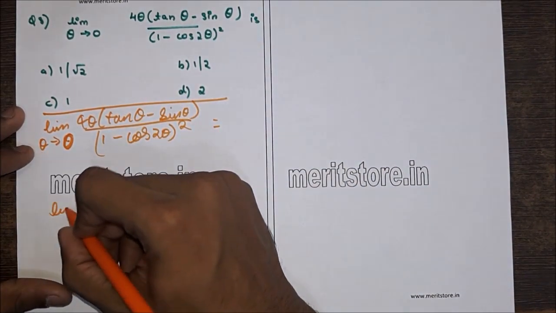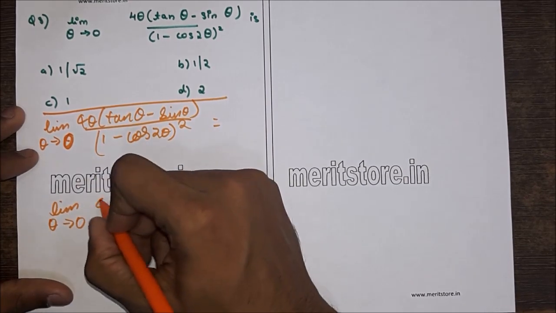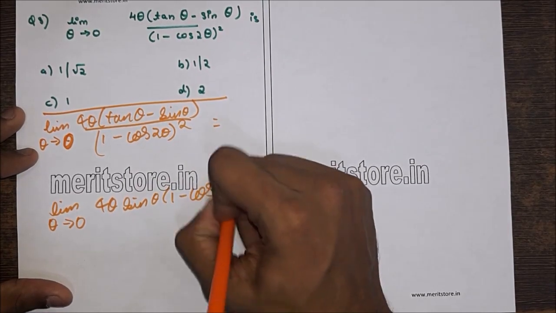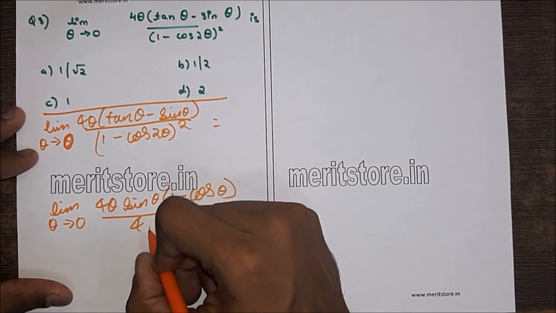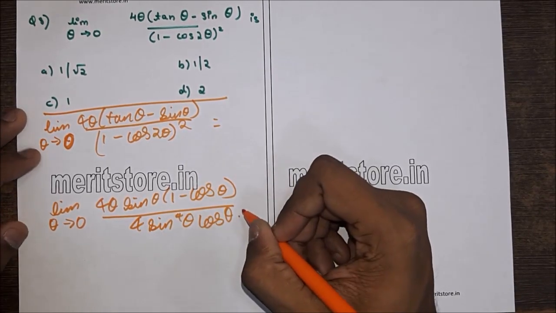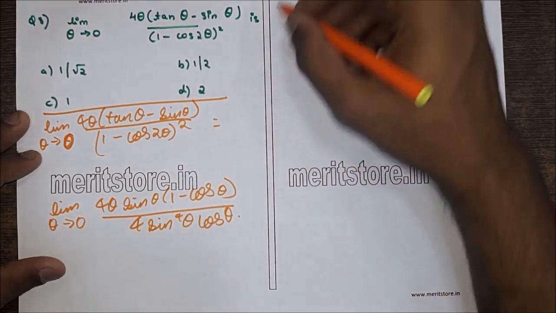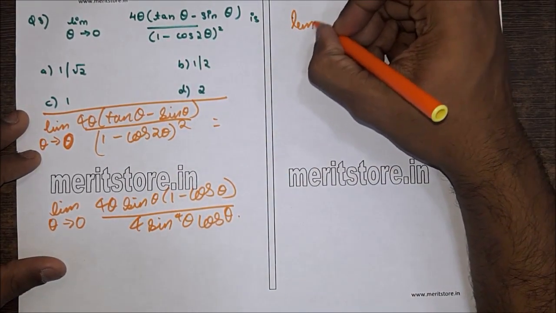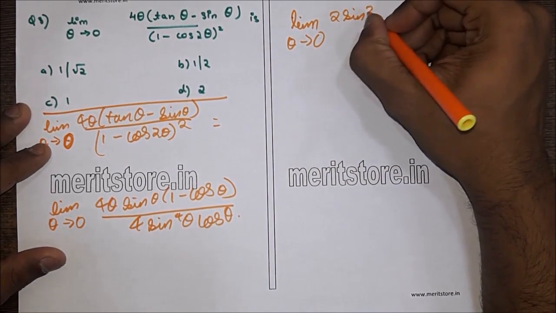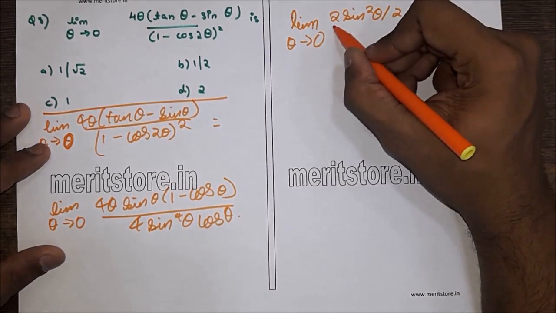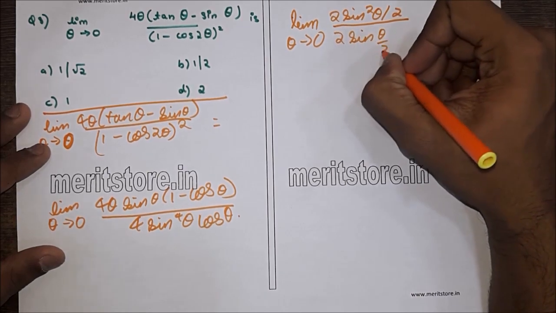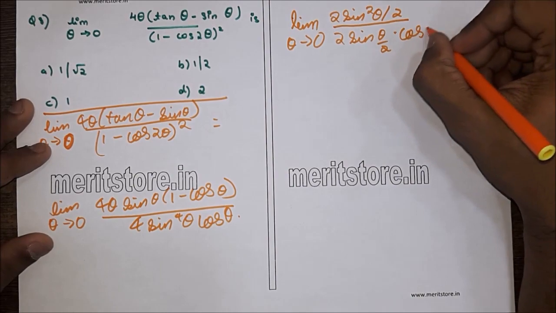That gives us limit of theta tends to 0, 4 theta sin theta into 1 minus cos theta upon 4 sin raised to 4 theta cos theta. Now in solving this, we could write it as limit of theta tends to 0 to sin square theta by 2 upon 2 sin theta by 2 into cos theta.